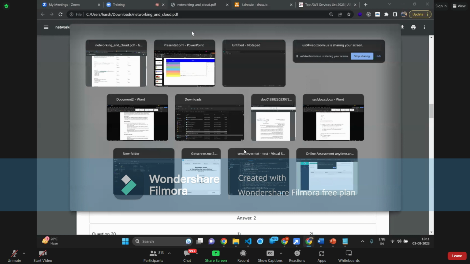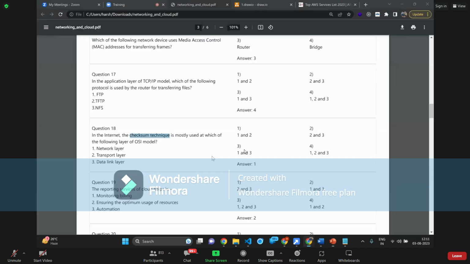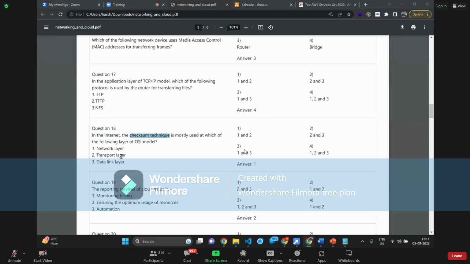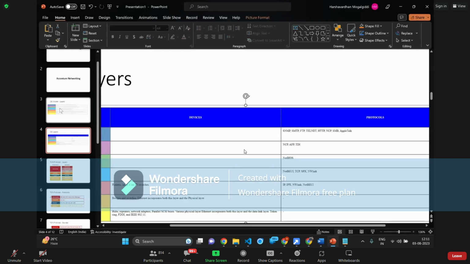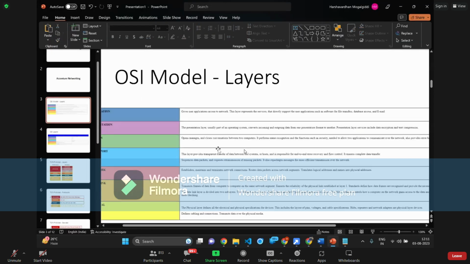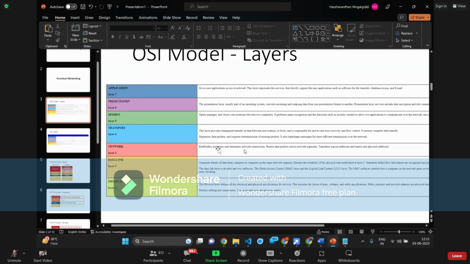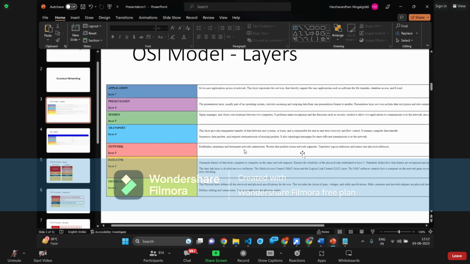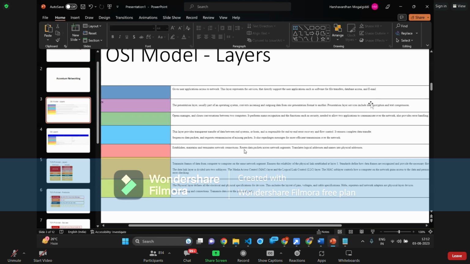If you go here, your error detection happens for each layer. I've told you, error detection happens at almost all layers.